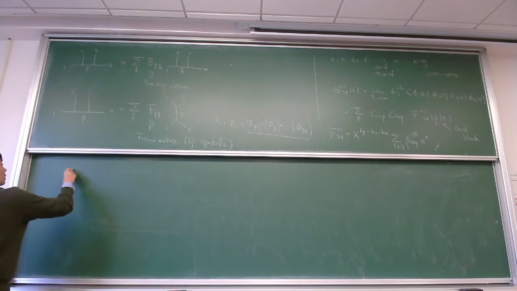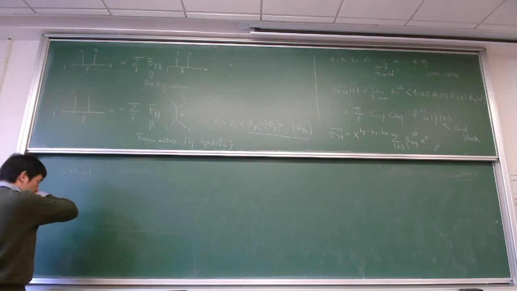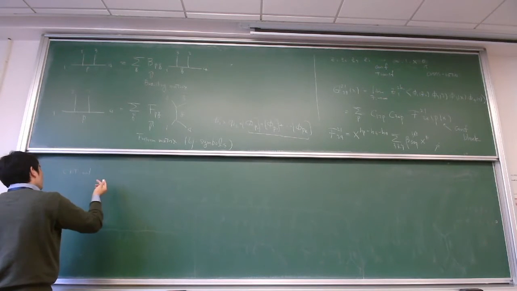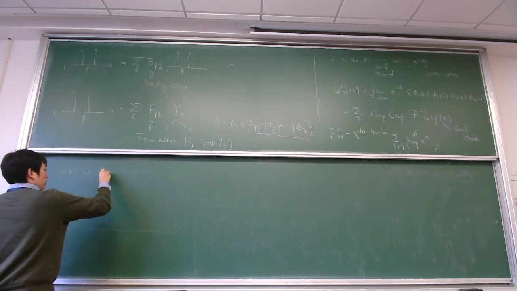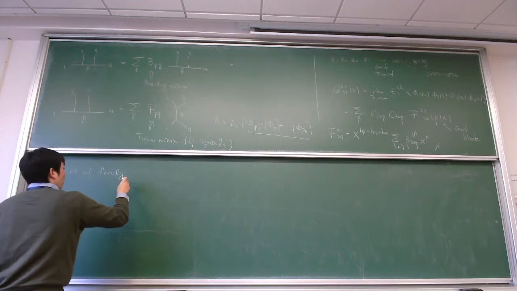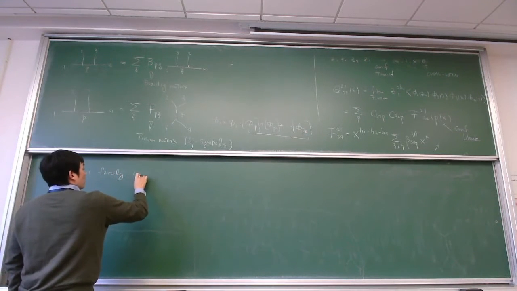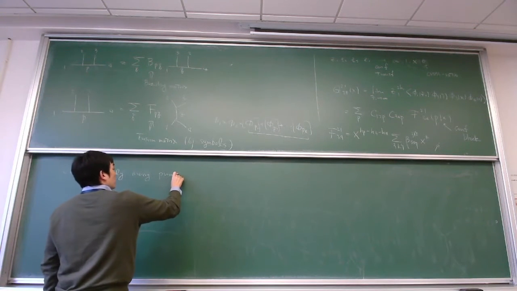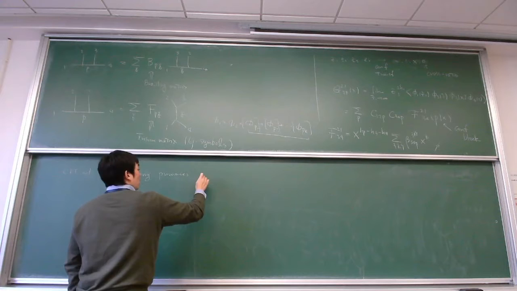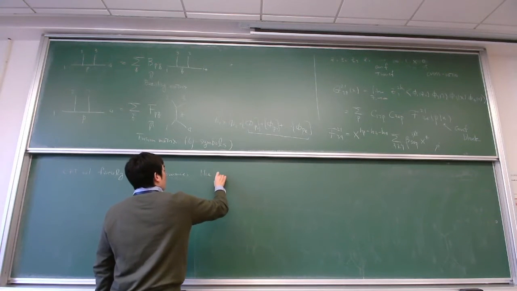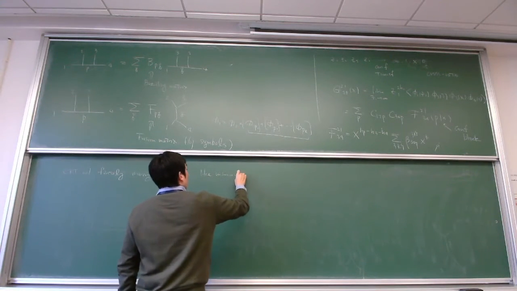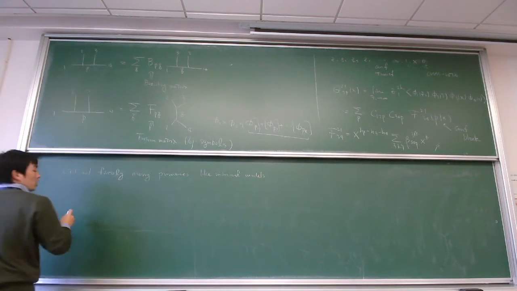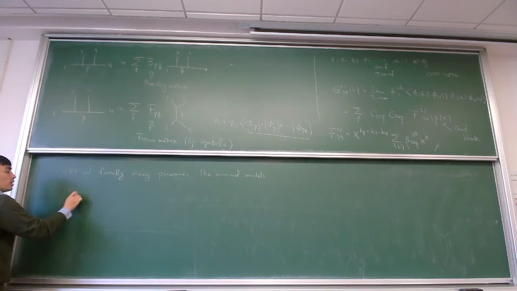CFT, with, let's see. Now, for instance, a rational conformal field theory has a finite number of primaries, like a minimal model. So we know it has S and T matrix.